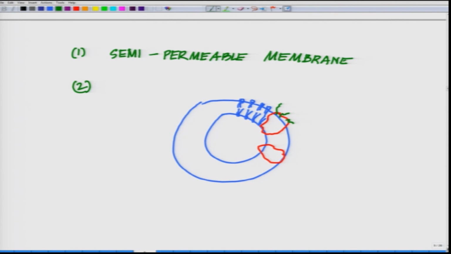So, this biological cell allows only selective things to flow across it. It is semi permeable, that is one aspect. The second aspect is that it is asymmetric in nature.